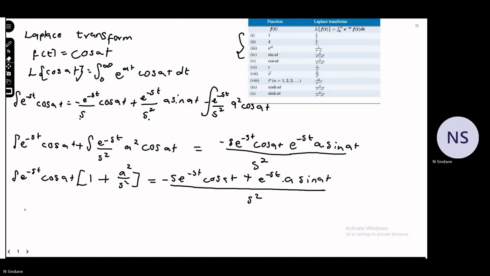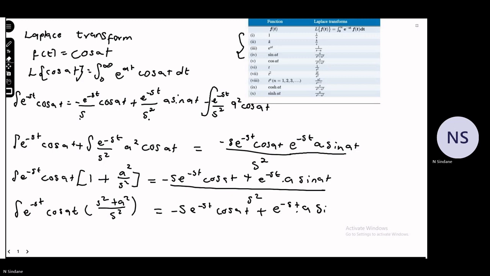Then after that, I have the integral of e to the power minus st cos of at, into, I can simplify this, which will give me s squared here. Then this is s squared plus a squared, right? And this is equivalent to minus s e to the power minus st cos of at plus e to the power minus st multiplied by a sine of at, all over s squared.